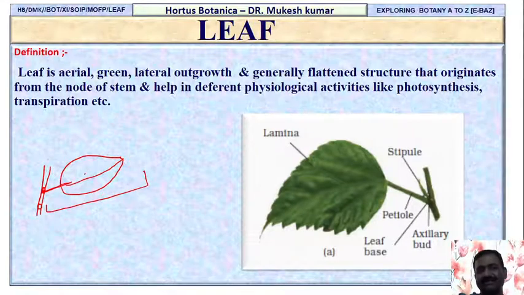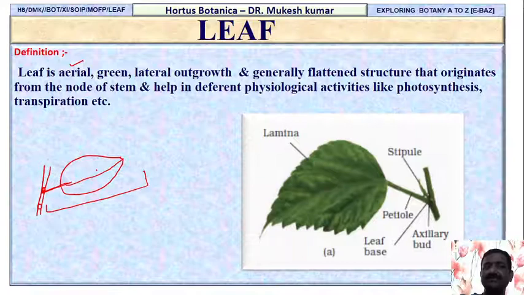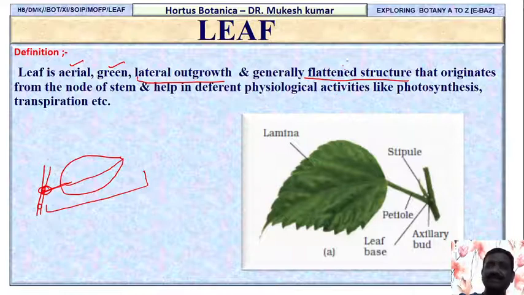So what is it? It is aerial, usually in air. It is green, so it is also photosynthetic. And it is a lateral outgrowth; mind well, it arises laterally. Generally it is a flattened structure. Sometimes it is cylindrical, but in general it is a flattened structure that originates from the node of the stem.